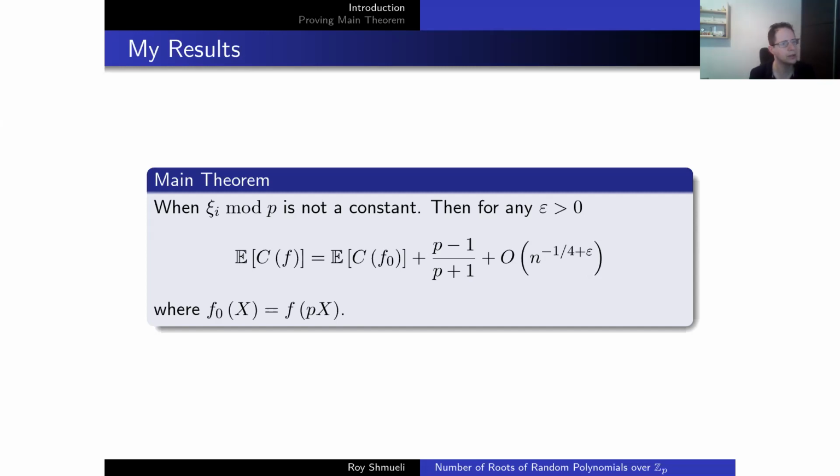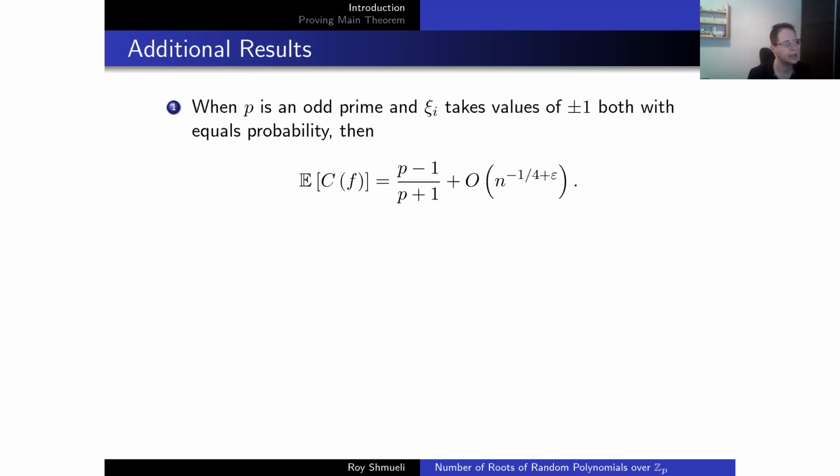From this result, we can compute a few other specific distributions. If the coefficients are plus or minus 1, both with equal probability, then the expected number of roots tends to p minus 1 divided by p plus 1.